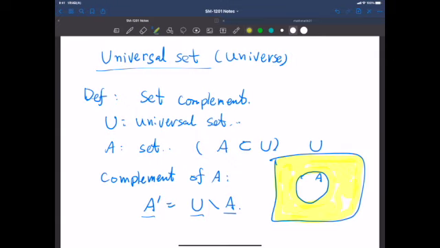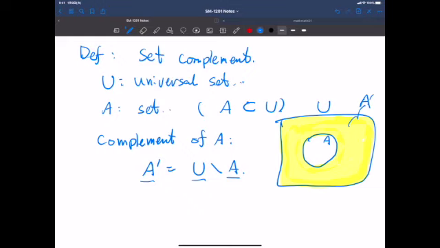So this is the A complement. This part is A prime. And by this definition, it is immediate that the complement of a complement is the original set.